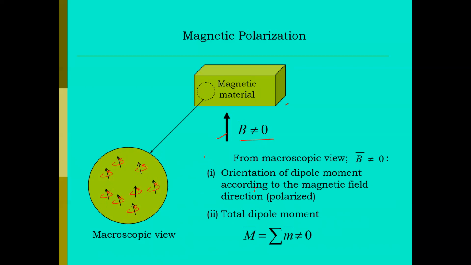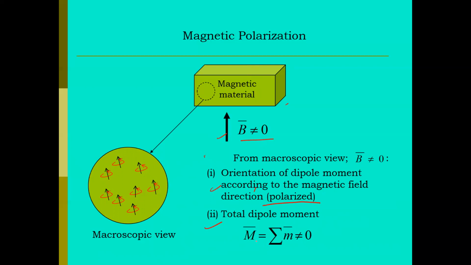The first one is that the dipole moment orientation is according to the magnetic field direction. This is what we call polarization, which occurs in your magnetic material because your dipole moments are aligned according to the direction of the external field. And secondly, the value of the magnetization vector, the capital vector M, is not 0 anymore.